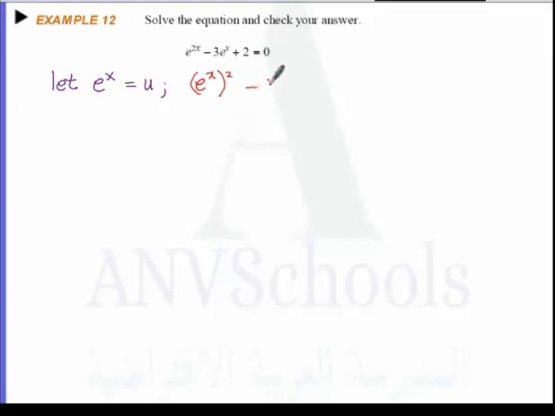And then this one becomes 3u, 3u plus 2 is equal to 0. Now in this case, we substitute our e raised to x with u. So this will be u squared minus 3u plus 2 is equal to 0.